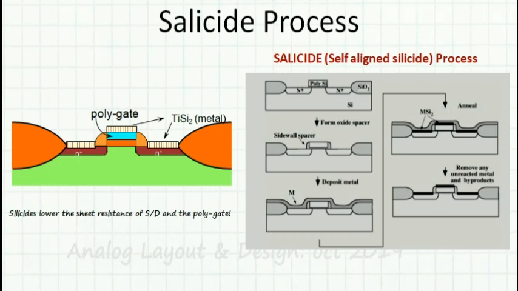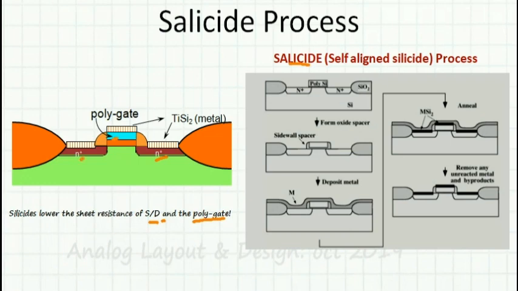Now let's see what a salicide process is. Silicide is a material which is used to lower the resistance of the source, drain and the poly gate. So whenever source, gate and drain are formed, on top of that we'll add this silicide material to lower the sheet resistance of these areas, the poly gate and the source and drain.